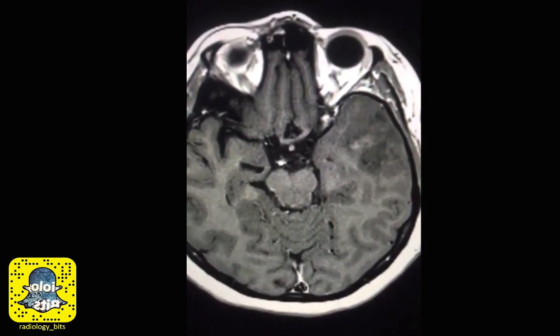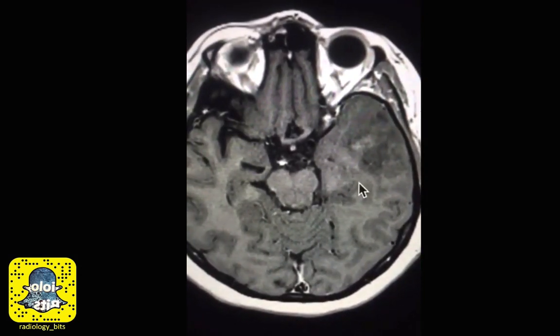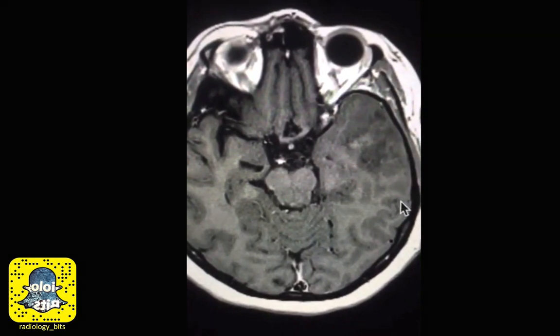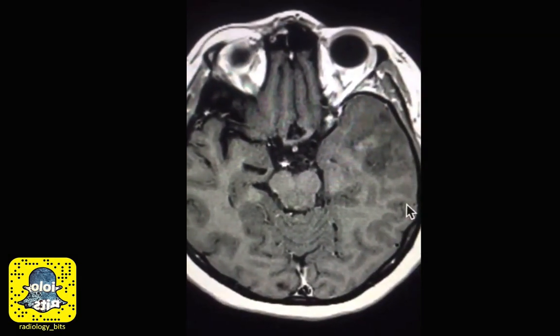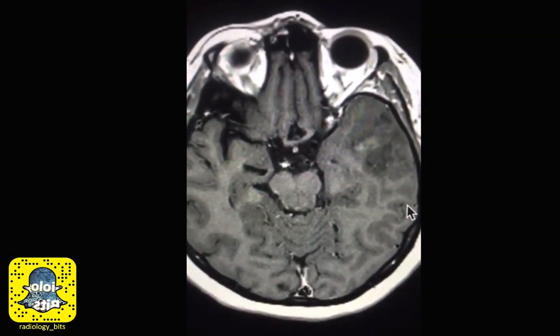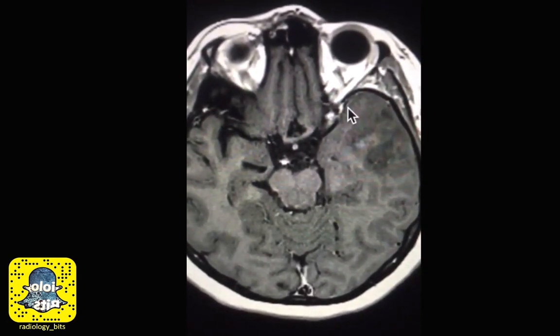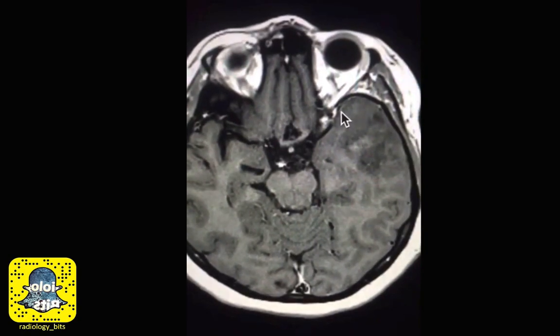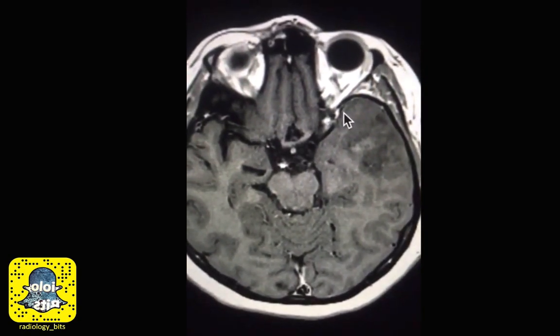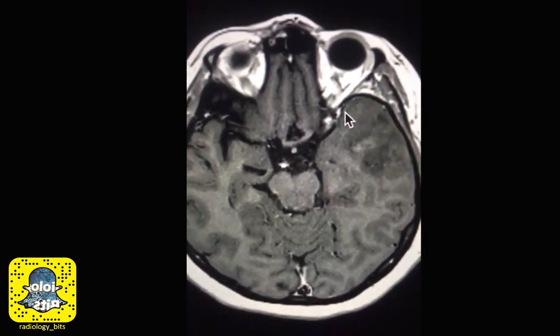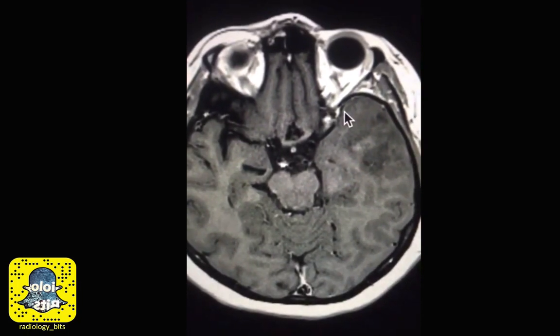Now, does the lack of major enhancement go against a neoplasm? And the answer is no. If you're suspecting a neoplasm, it depends on the grade of the neoplastic tissue. Primary brain tumors, known as astrocytoma, could be very low grade or could be high grade.